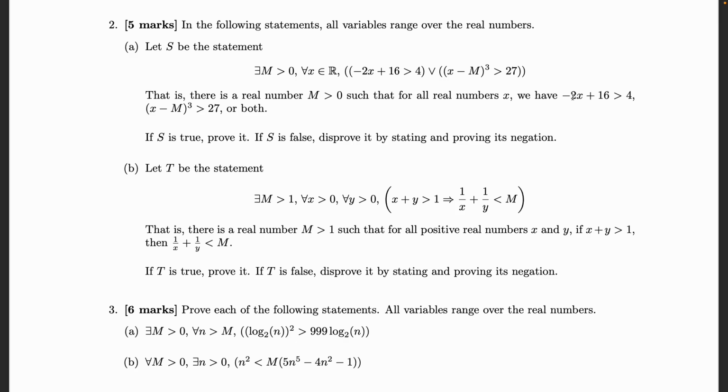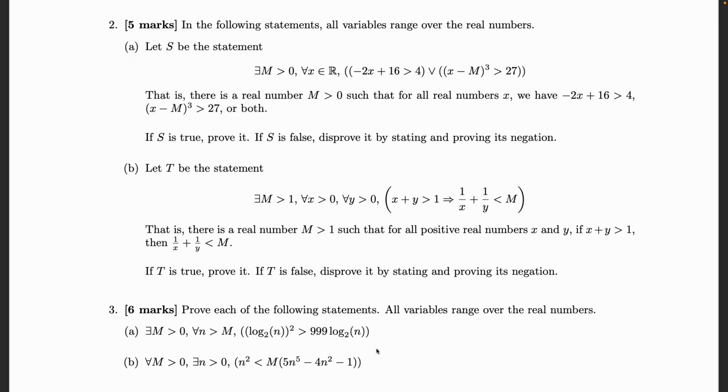These two are glorified true or false questions. I don't guarantee that either of these are correct statements that are true in math. That's your job to figure out and then either prove or disprove it.